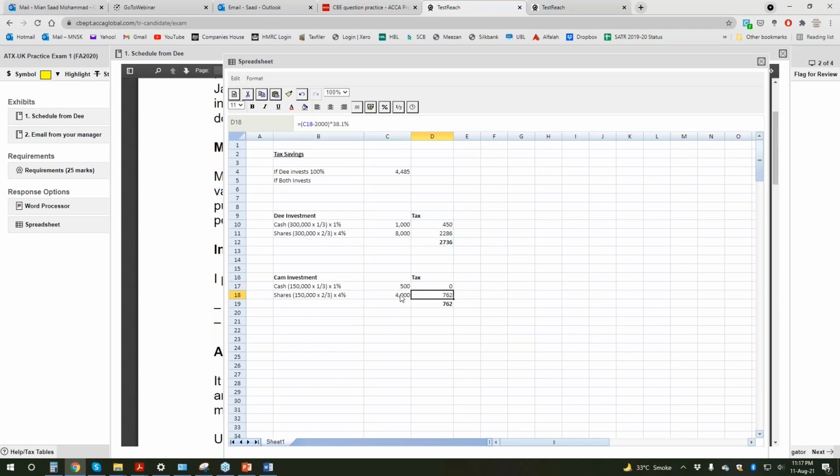And these incomes of 4000 will be taxed at 7.5% because he's a basic rate band taxpayer. So his tax will be 150. Now, what will be the total tax of the couple?